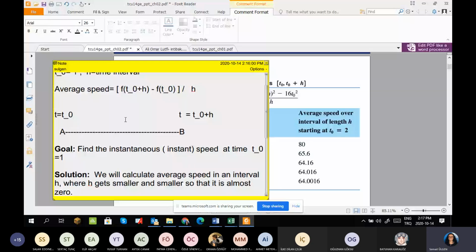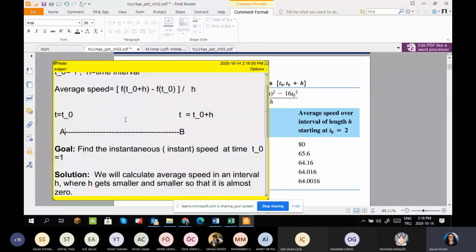Okay, so I'm interested in finding the average velocity as I get close to A. Why am I doing this? Because I'm interested in finding the speed at t is equal to t naught. Whenever time t is equal to t naught, I'm interested in instantaneous speed, instantaneous velocity. I need to find it.